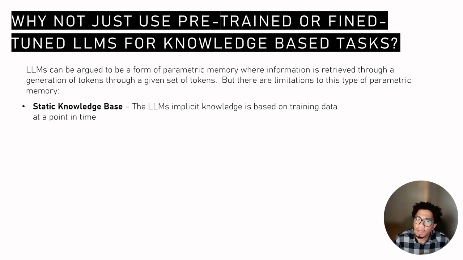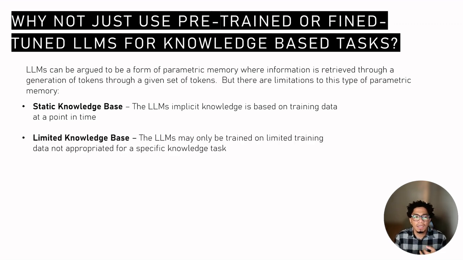So an LLM's implicit knowledge is based on training data at a point in time. So it's very static. There could be new information after that point in time, and its parameters won't reflect that new information. The second problem is that it's a limited knowledge base, right?